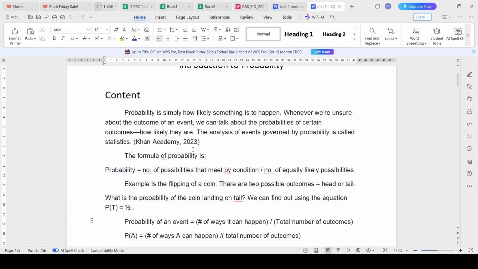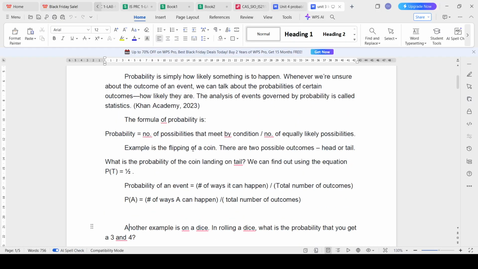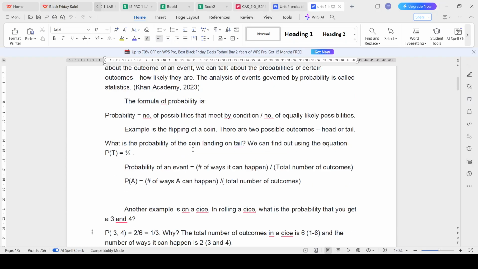The probability of an event equals the number of ways it can happen divided by the total number of outcomes. So for example, we have P(A), the number of ways A can happen divided by the total number of outcomes. Another example is a dice. In rolling a dice, what is the probability that you can get a 3 or 4? By the way, a dice has 6 sides.